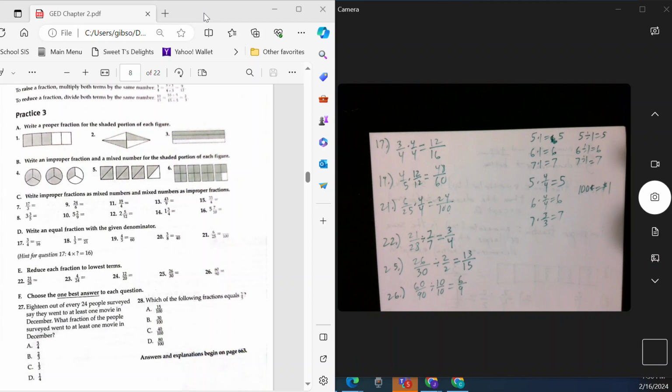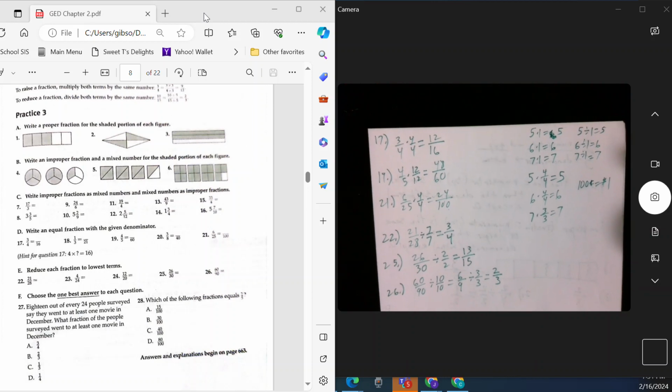But we notice here 6 and 9 still have something in common, which is 3. So we keep on dividing until we get it down where they only have 1 in common. 6 divided by 3 is 2. 9 divided by 3 is 3. So that's it. 2 and 3 only has 1 in common.